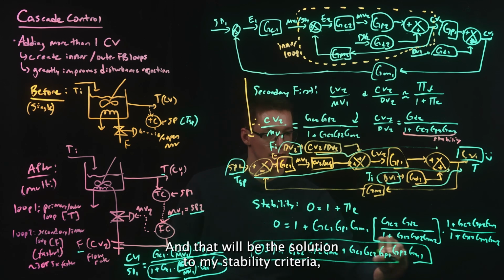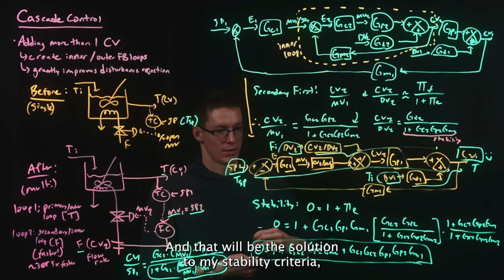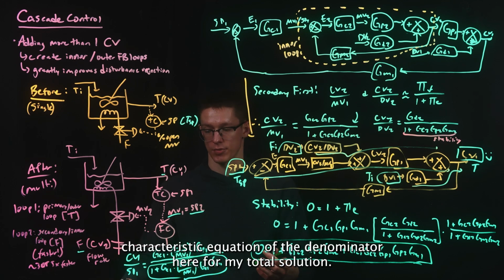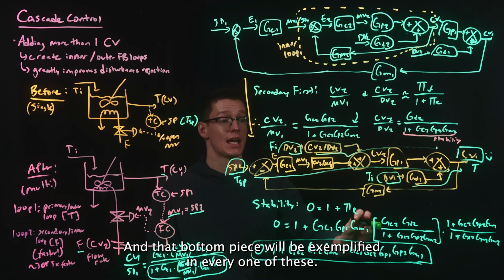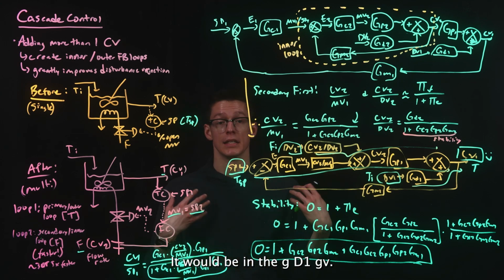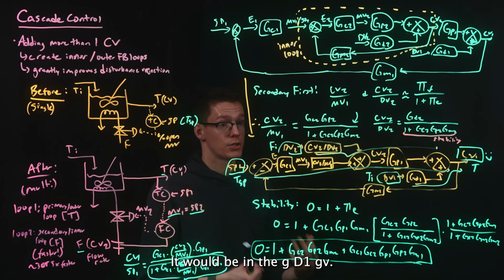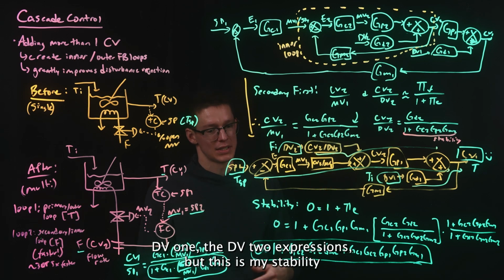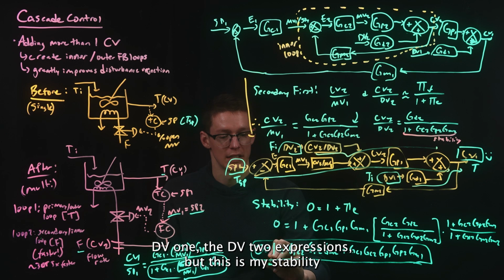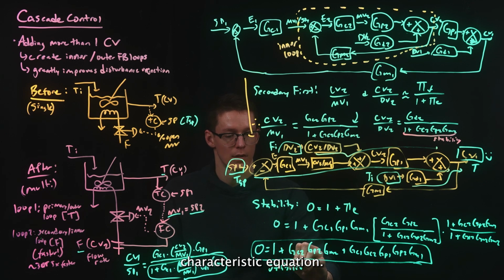And that will be the solution to my stability criteria, which is just really the characteristic equation of the denominator here for my total solution. And that bottom piece will be exemplified in every one of these. It would be in the GD1, the dV1, the dV2 expressions, but this is my stability characteristic equation.